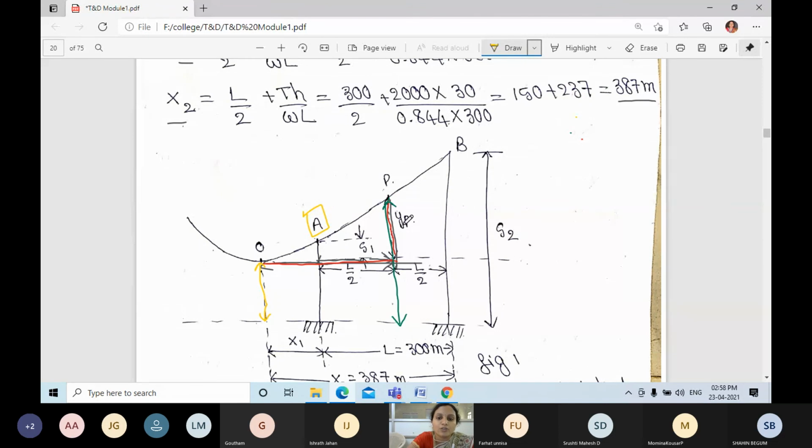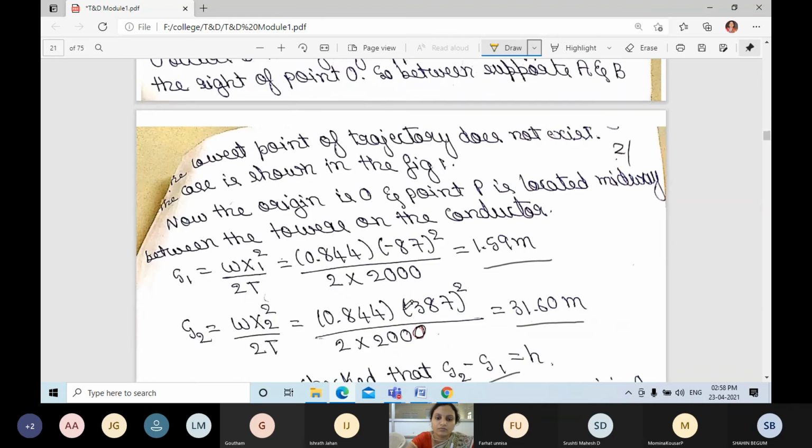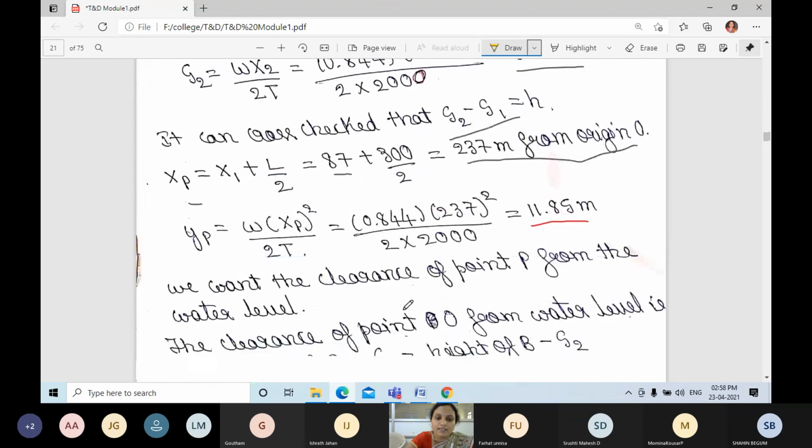But now we should know this total value. To find out from P to this line, first we should know from point O to water level. If we know the value of clearance plus yp, if we add, you will get from point P to water level.